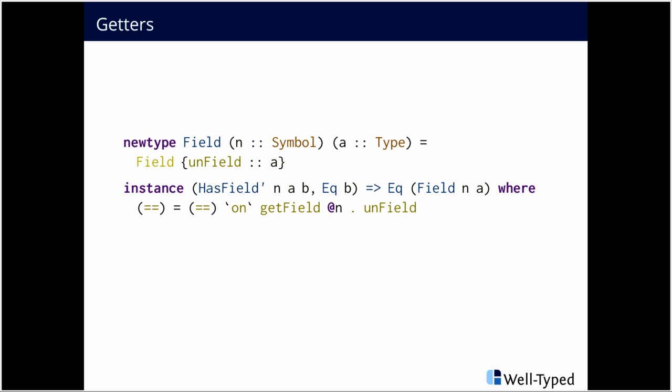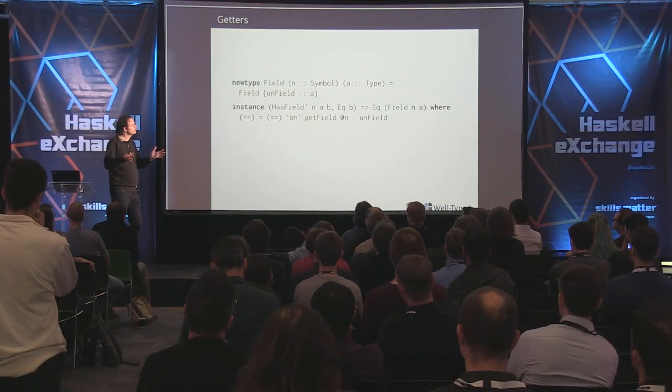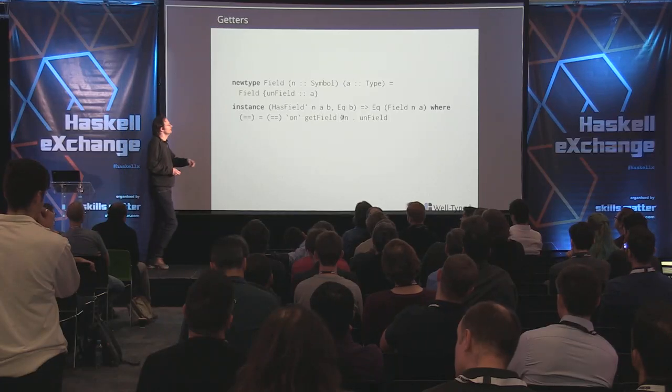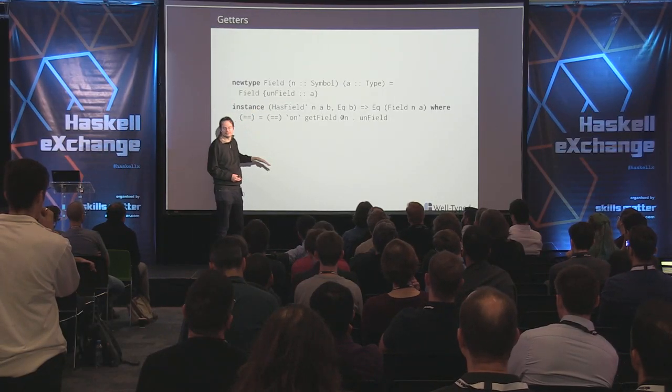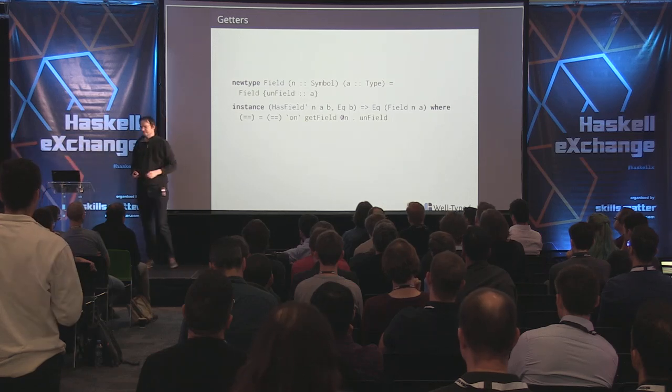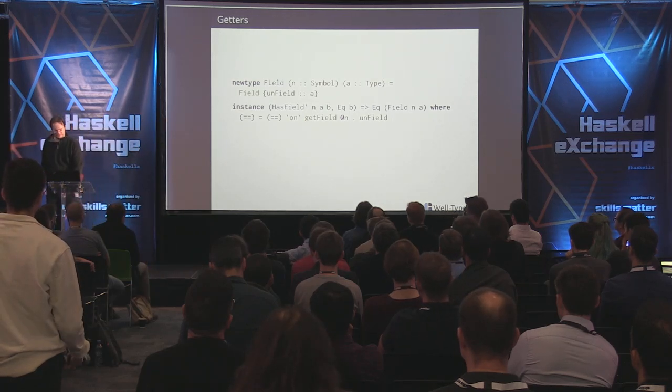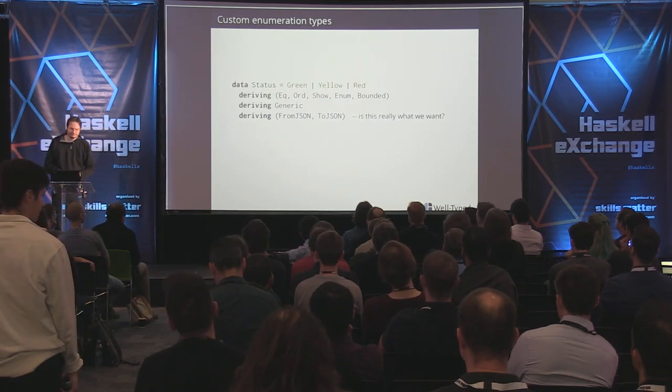In this case, it's just a field name, but you could do arbitrarily complicated things, right? So you can give all sorts of extra descriptions of what you actually want to do, and these extra descriptions, they can then be used in the instance declarations, right? So that's a very interesting thing.